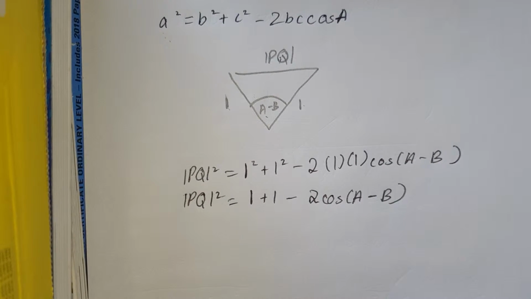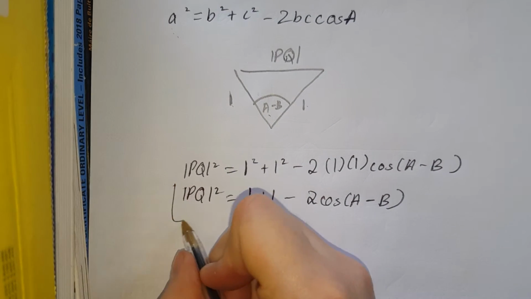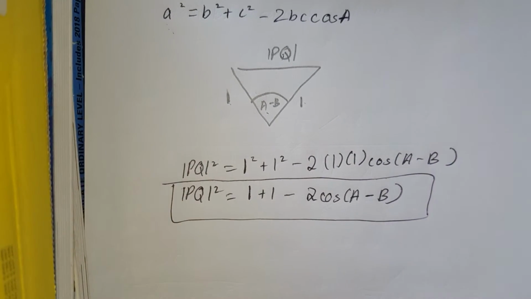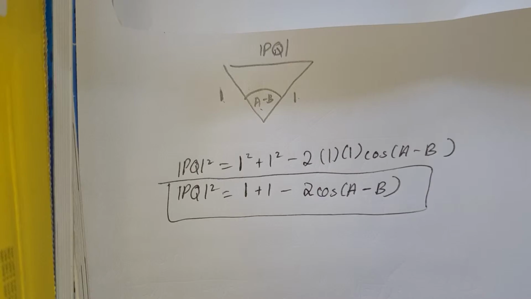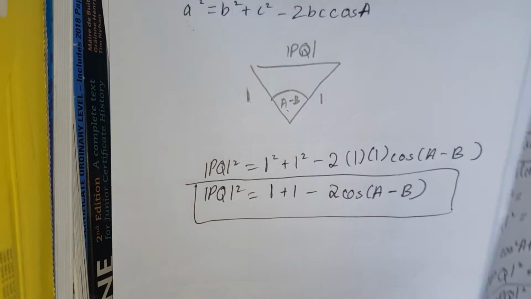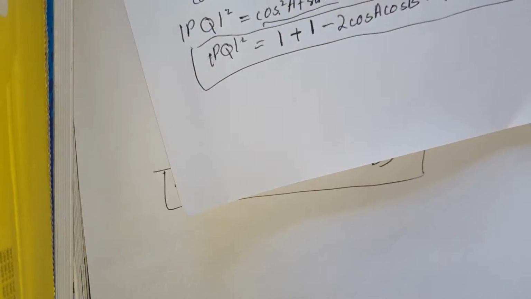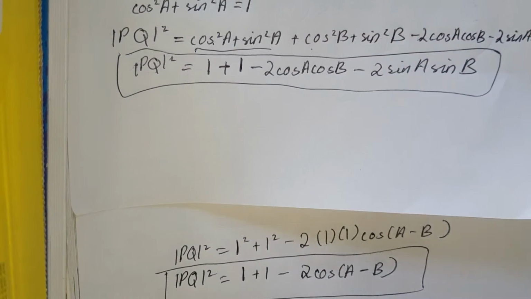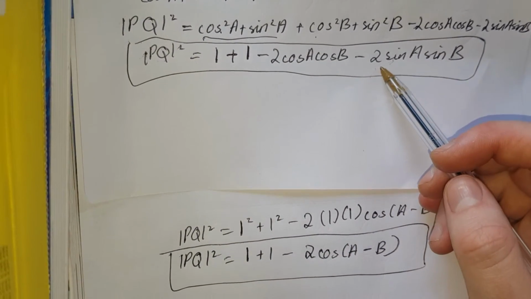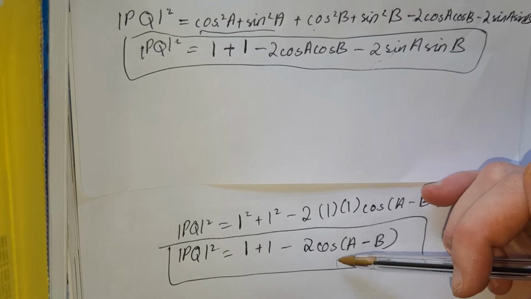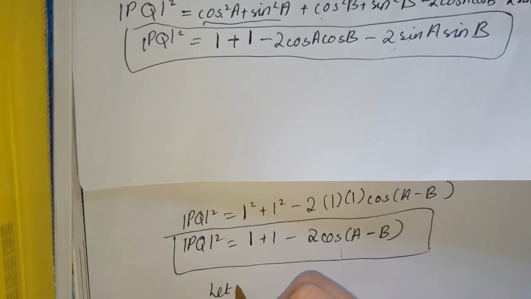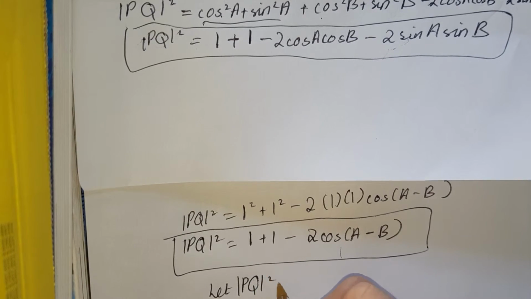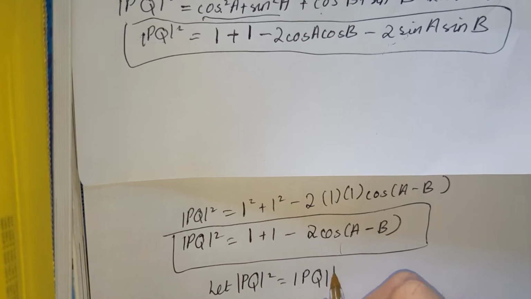So now I've found the distance between P and Q using the cosine rule, but I also have the distance between P and Q using the distance formula. This was using the distance formula and this was using the cosine rule. Now I'm going to equate these two formulas and let PQ squared equal PQ squared.